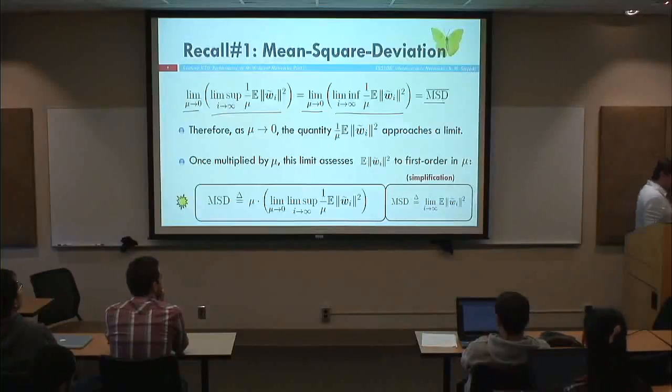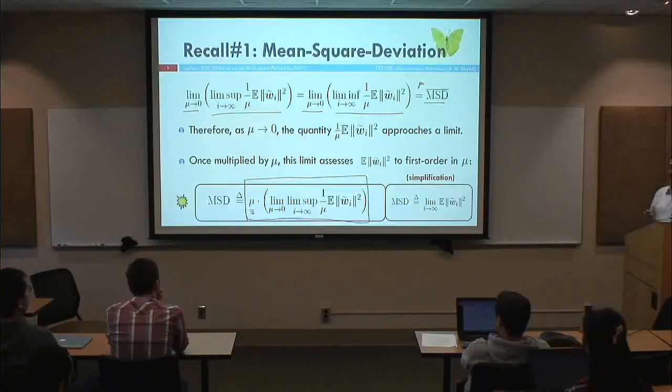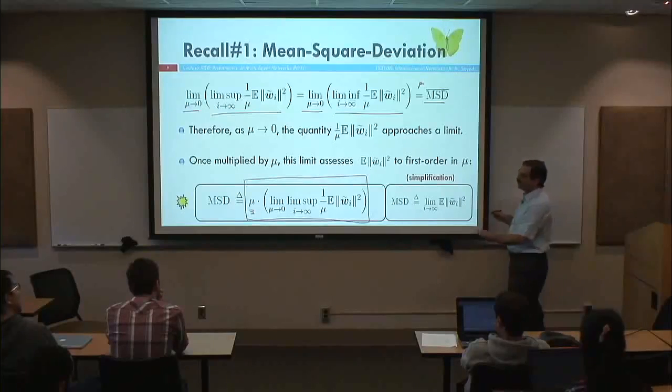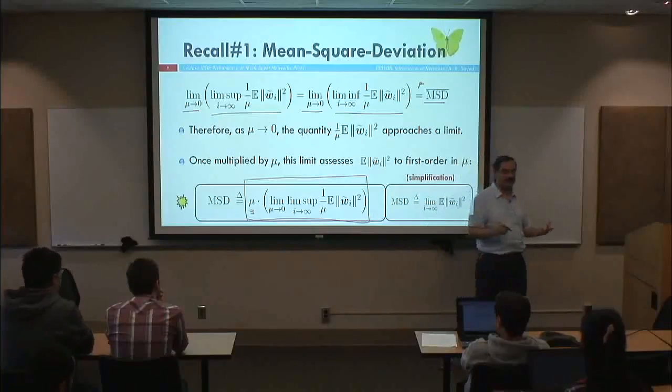Okay? So, motivated by this, if I multiply it again by mu, what do you get? That quantity, mu times MSD bar, right? So what this is suggesting is that this calculation allows me to recover that first order term that I'm interested in.